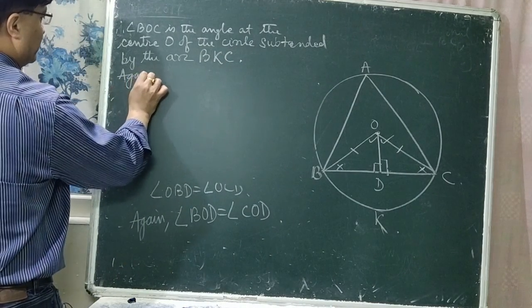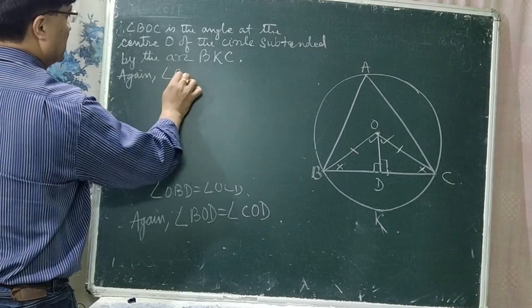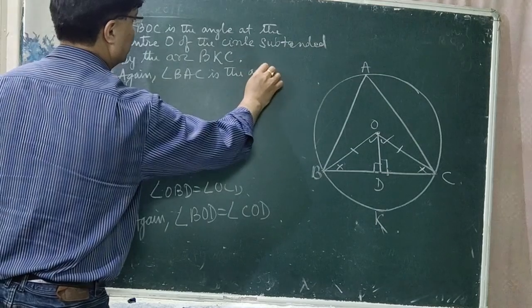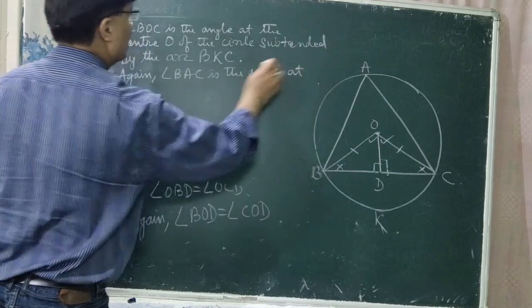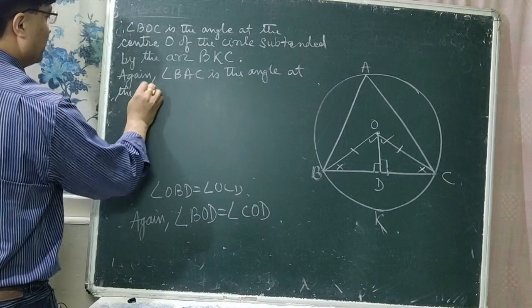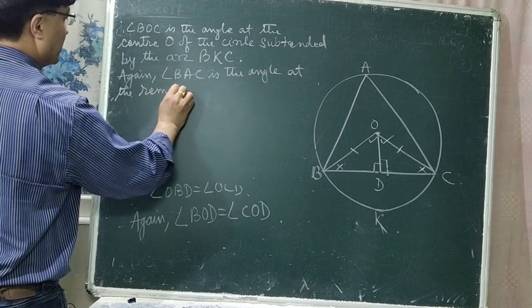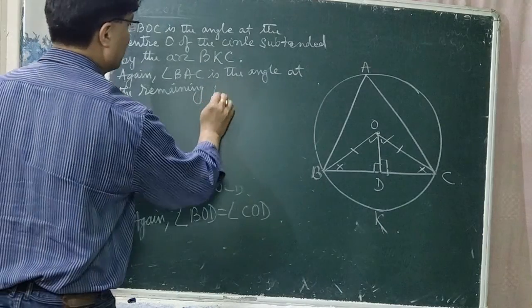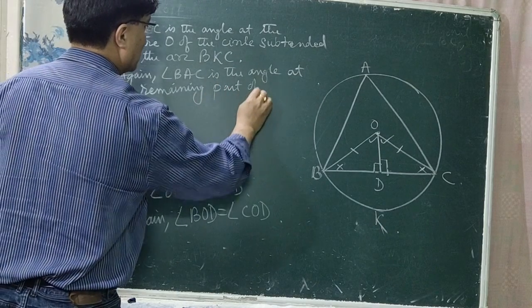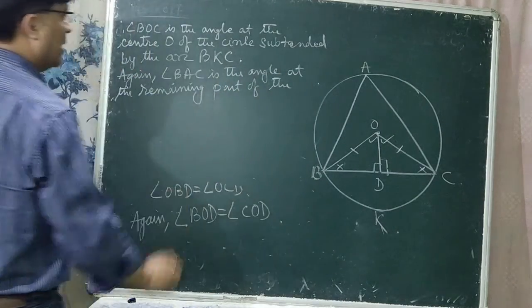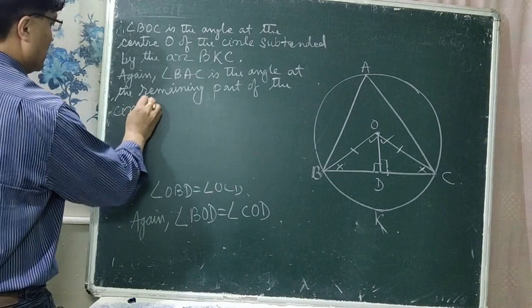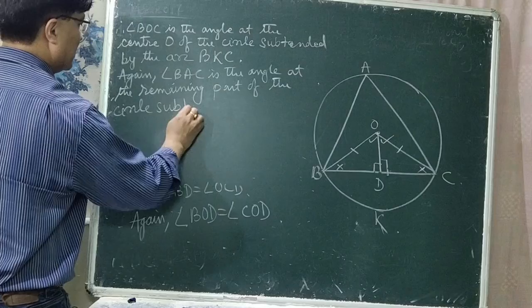Again, angle BAC is the angle at the remaining part of the circle subtended by the same arc.